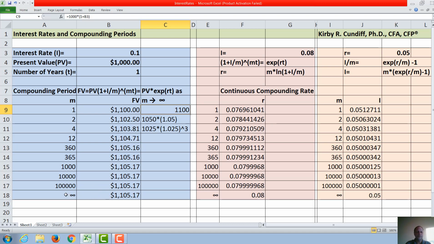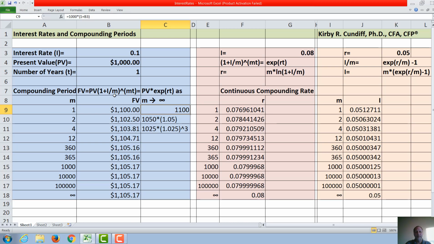That is basically infinity. So for compounding an infinite number of times a year, we use a different formula. The formula for compounding 1, 2, 4 times a year is future value is present value times 1 plus I, the interest rate, divided by M, the number of compounding periods, all to the MT, where T is the number of years.